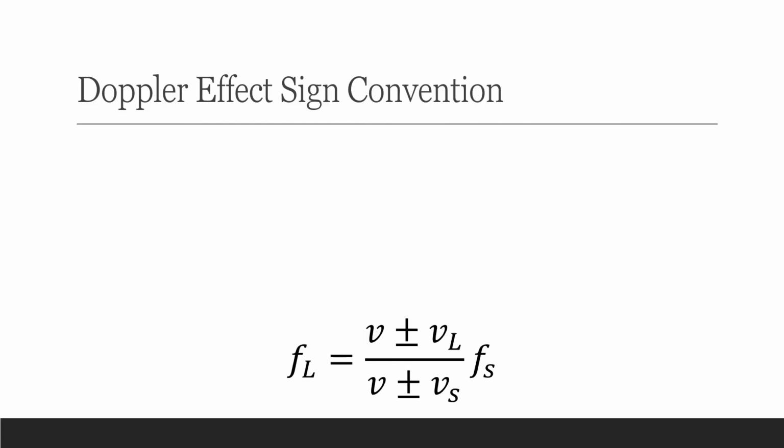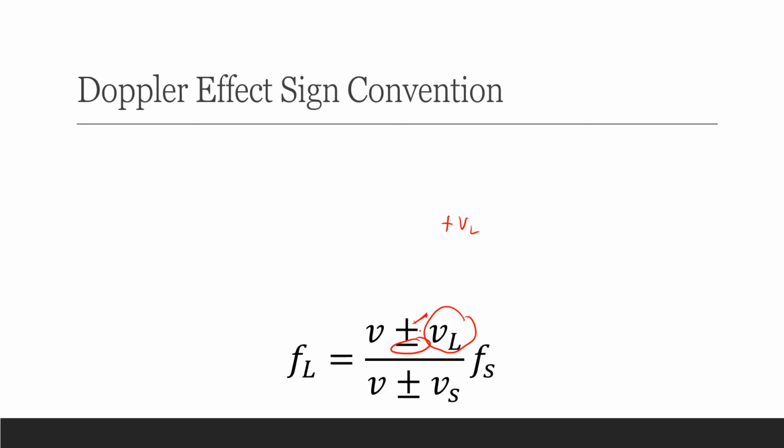So to summarize, when are we going to use positive or negative VL? For the listener, we will use plus VL when the listener is moving towards the source, and minus VL when the listener is moving away from the source.